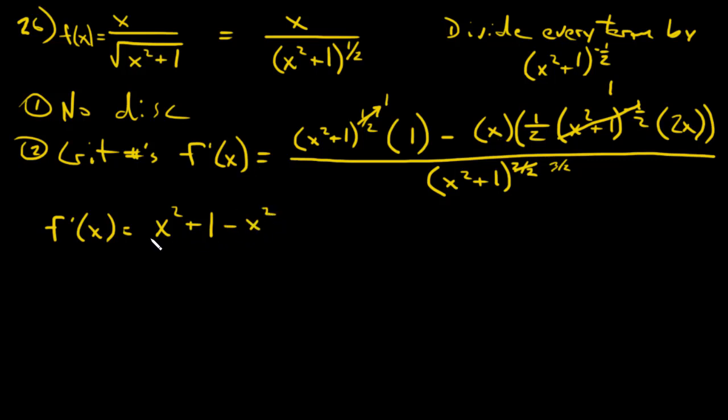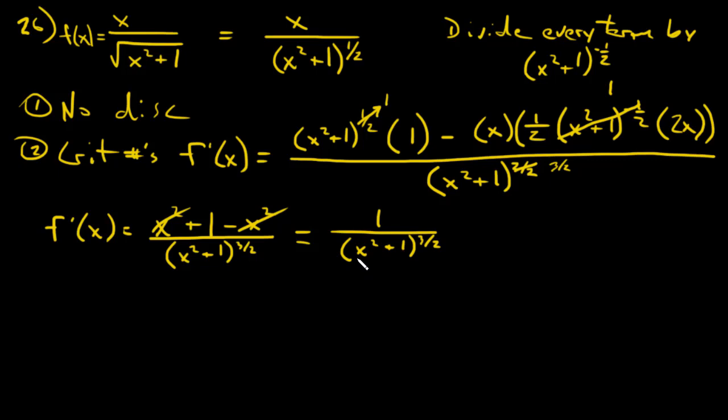So minus x squared, and then all of that over x squared plus 1 to the 3/2 power. Okay, so when I subtract, the x squared terms go away, and I'm left with 1 over x squared plus 1 to the 3/2 power. Alrighty, so that is my f prime of x, which is kind of nice.